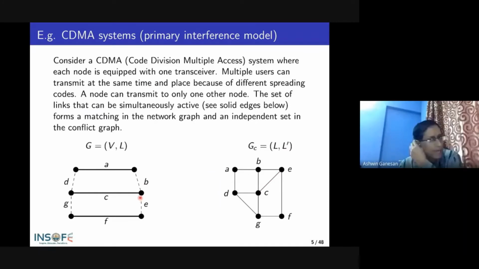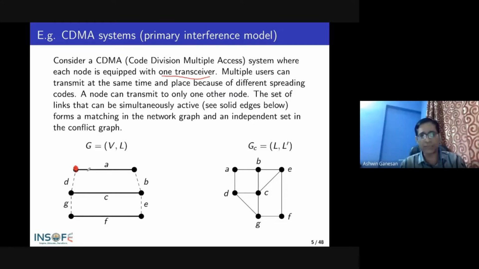So let's look at an example. Here we have a network graph, denoted G. V is a set of wireless nodes. For example, right here you have a wireless node. Now every node is equipped with only one transceiver. What that means is that this node here cannot both transmit on link A and link B at the same time.